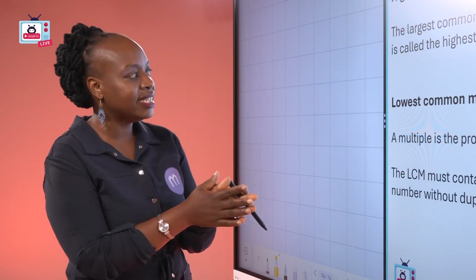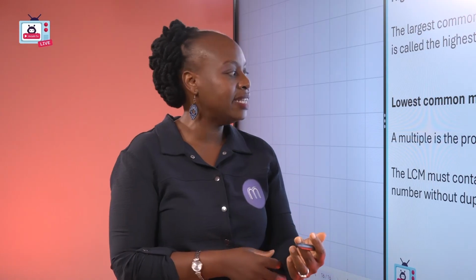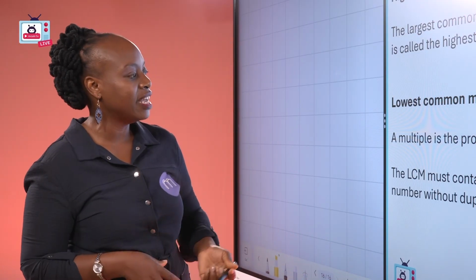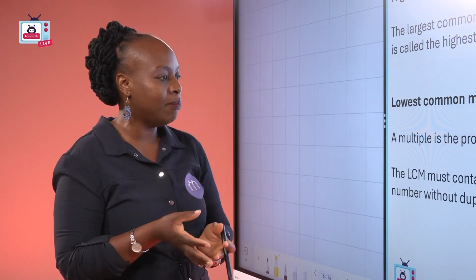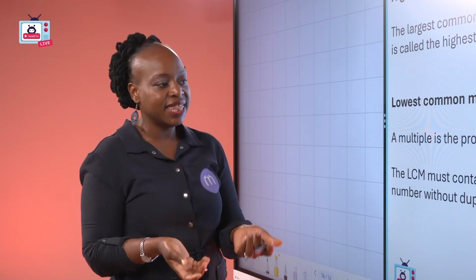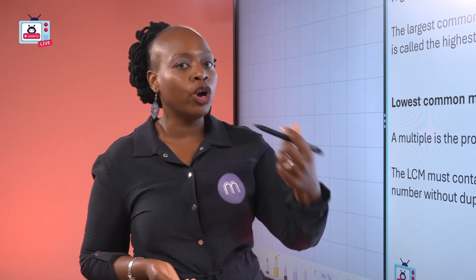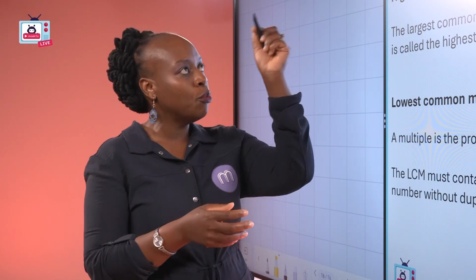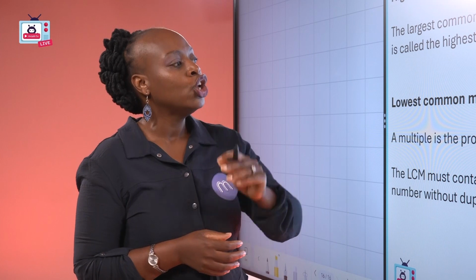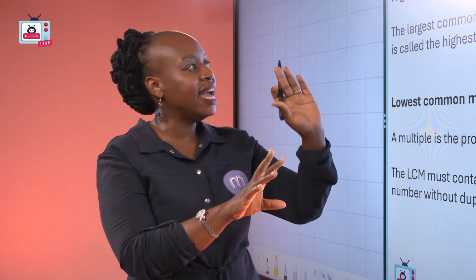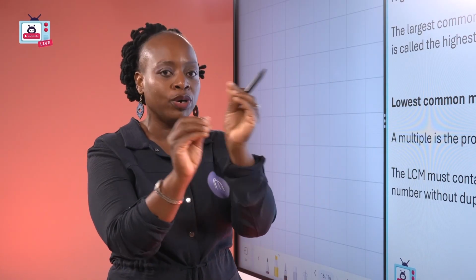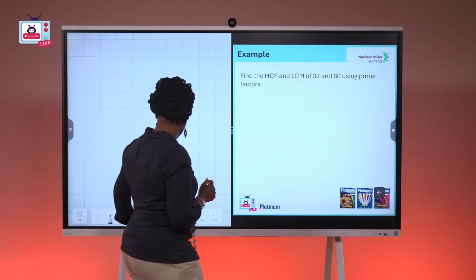The lowest common multiple is the smallest number that is a multiple of 2 or more natural numbers, and you find it by multiplying. The lowest common multiple and highest common factor are opposite to one another. We'll see that now so that you can do it together.